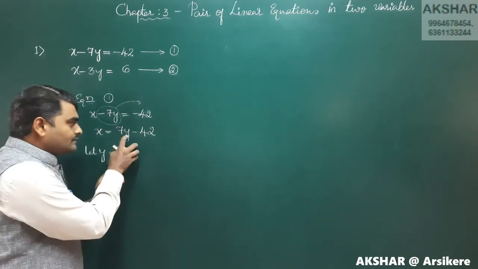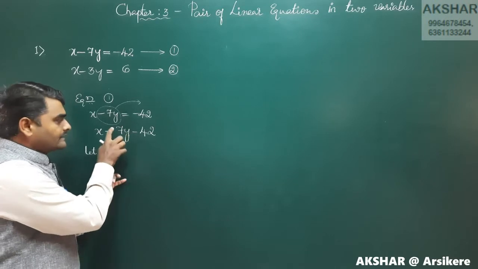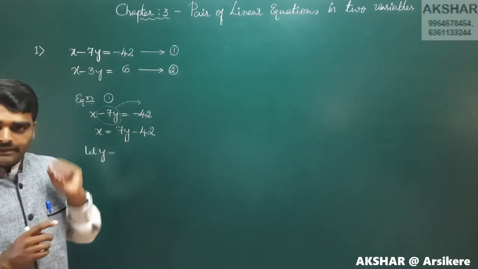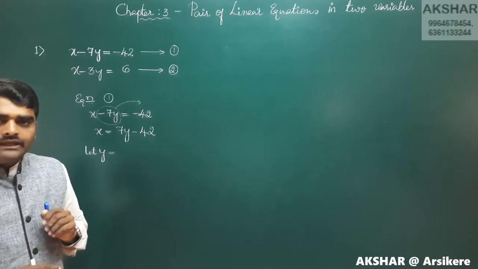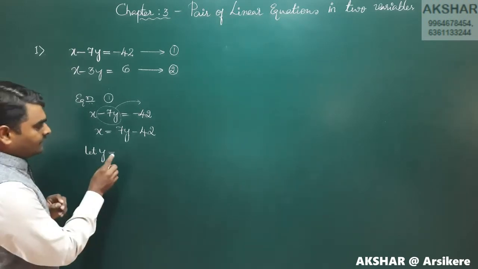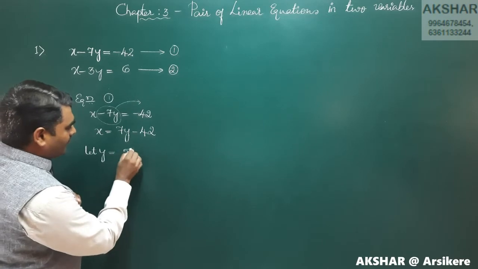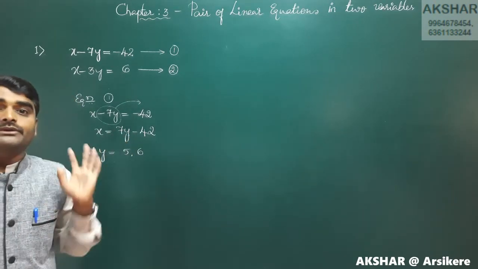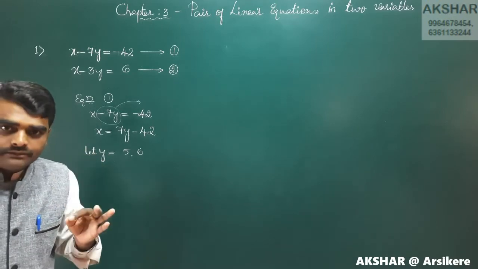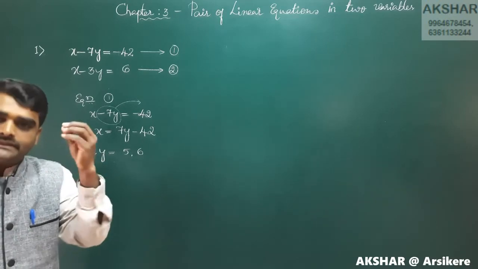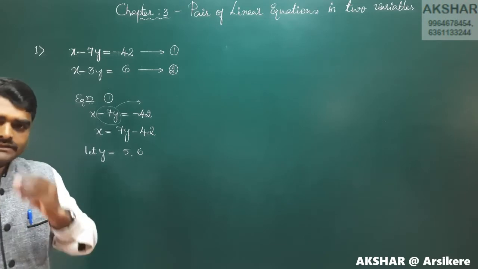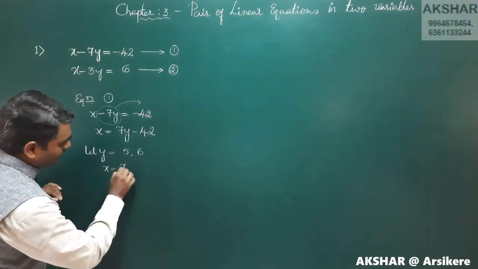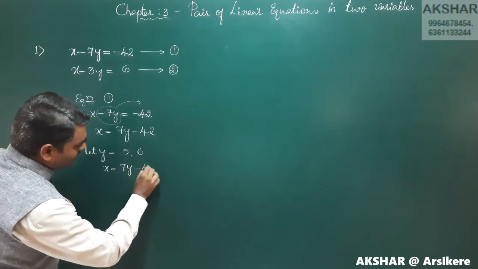If you assume 0 in the place of y, 7 zeros are 0, and 0 minus 42 is only minus 42. You can assume any value, fractions also, decimals also. So x is equal to 7y minus 42.